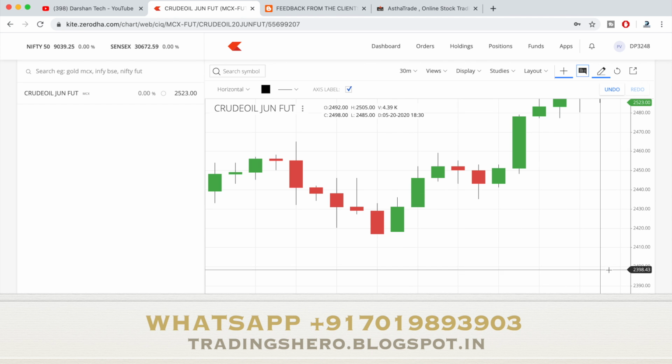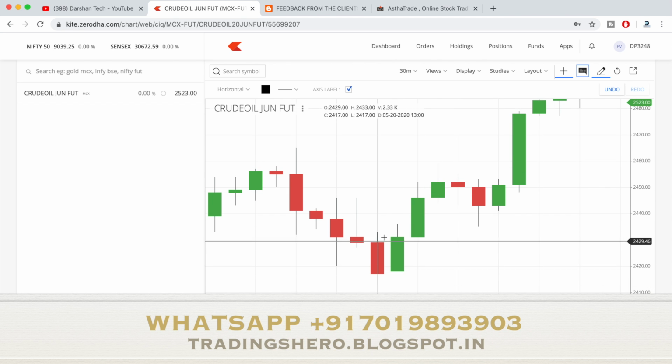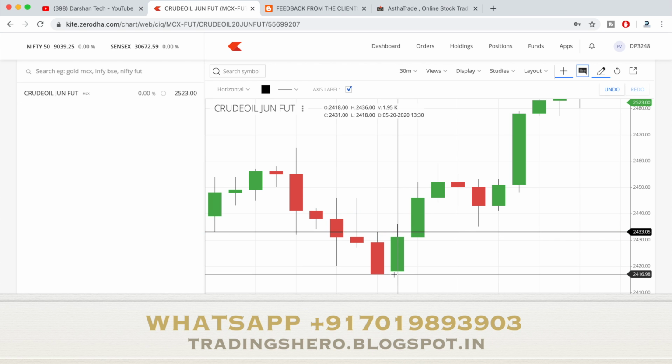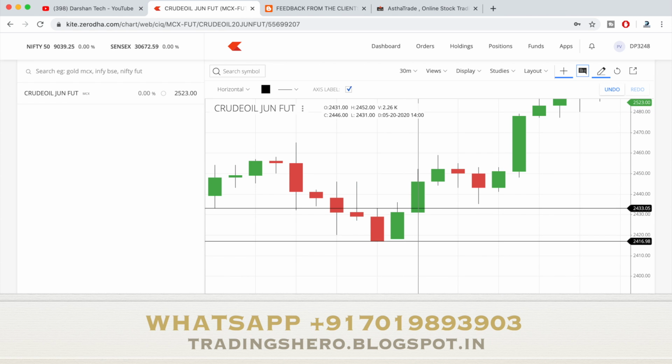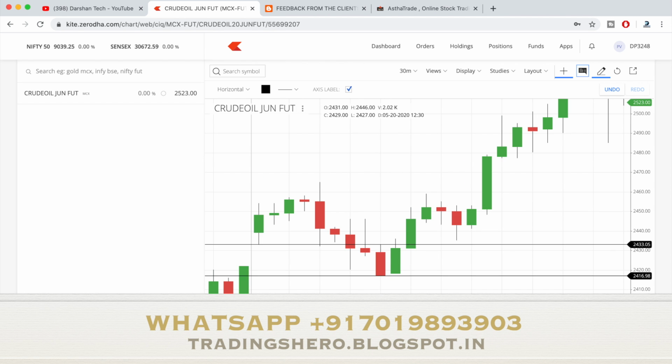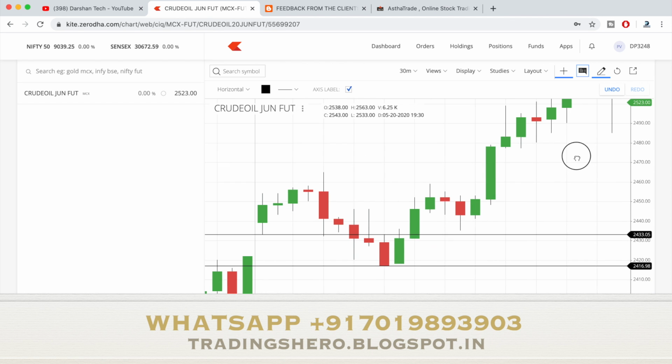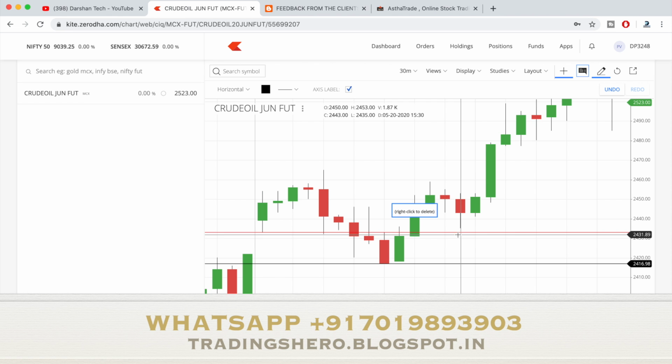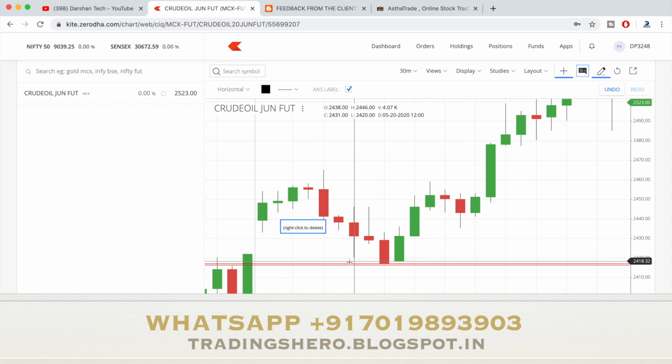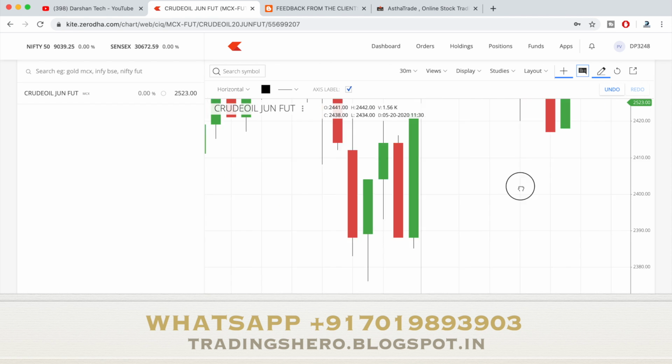So you should find a candle like this, only with a one-sided wick. Here is the formation, and mark the high and low of this candle. Here again, 2433 is the high. The high was broken, and the stock moved all the way up. As you can see, a very good movement was given. So you should always find a first candle formation like that happening for the day.